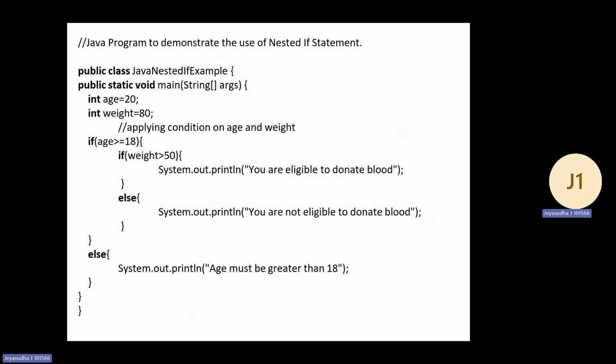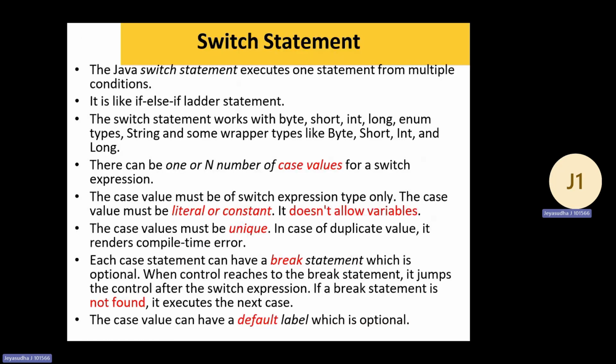And if his weight is less than 50, he's not eligible for donating blood, so I'm putting him under that category. Apart from it, if that particular person is less than 18, he's not allowed. So he has to be greater than 18 only.